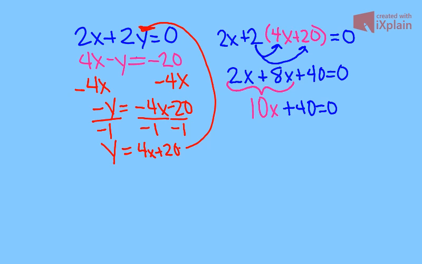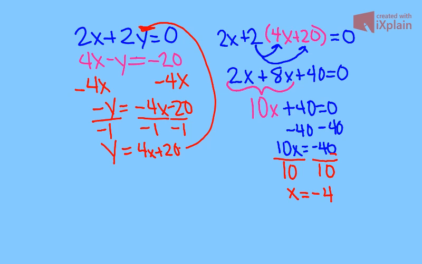Now I want to subtract 40 from both sides. We're left with a 10x still on the left and a negative 40. I want to divide by that 10 to isolate our x. And then we're left with x equals negative 4.